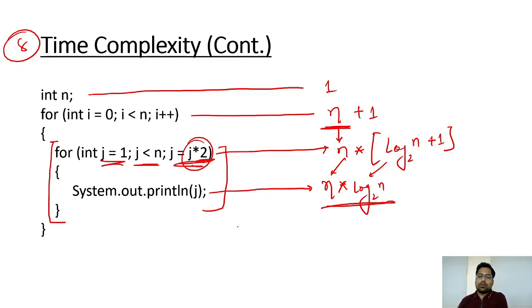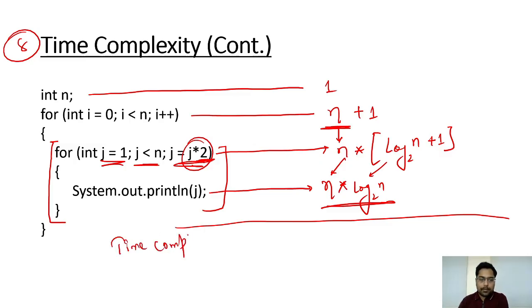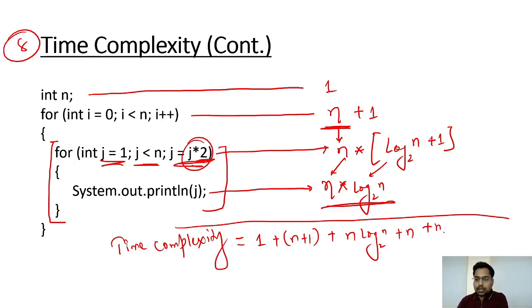Next, the total time complexity will be 1 plus n plus 1 plus n log n plus n, that I have done as the expansion. Next, n log n base 2.